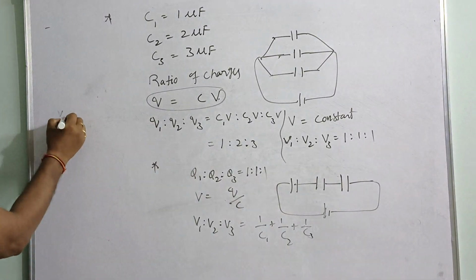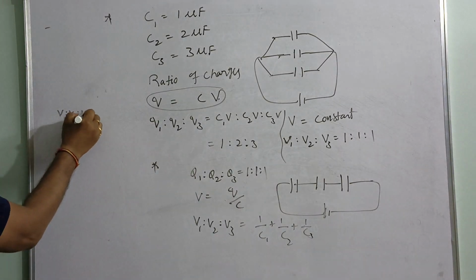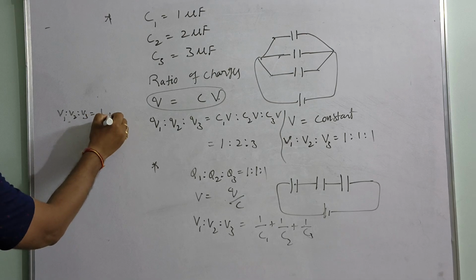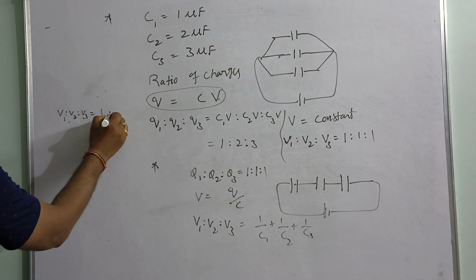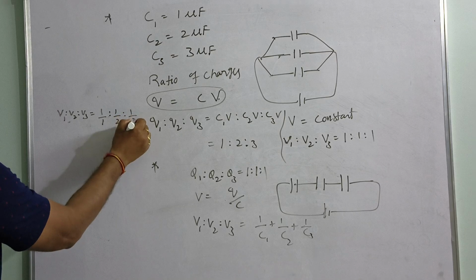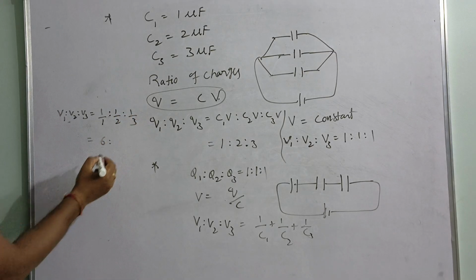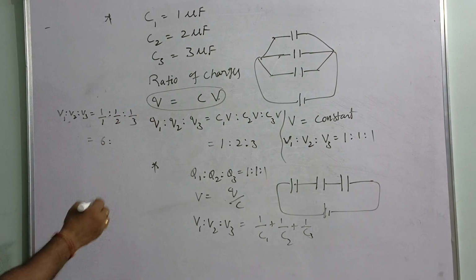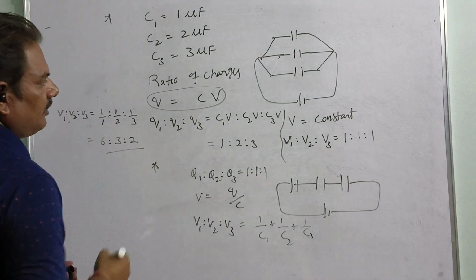So the potential ratio V1, V2, V3 equals 1 by 1 is to 1 by 2 is to 1 by 3. So that is the ratio 6 is to 3 is to 2.